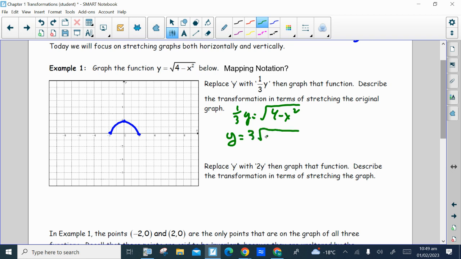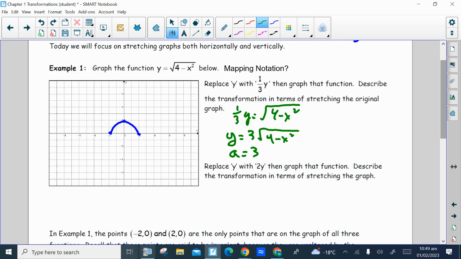And so in this case, we have an a value of positive 3. A is in front of the function, in front of the radical. So by replacing y with 1/3 y, the end result is actually that a is positive 3.